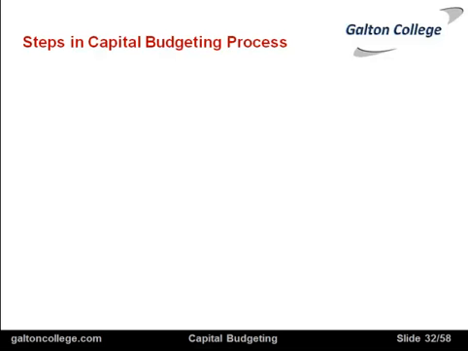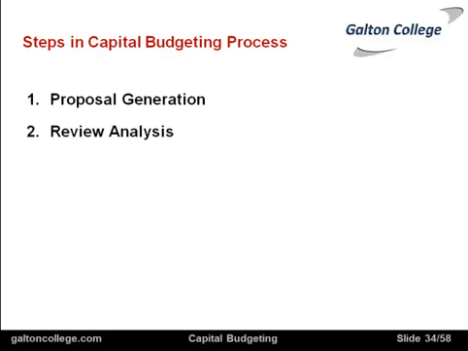Steps in the capital budgeting process. Well, first of all, you've got to propose what the investment will be. You've got to review and analyse the current situation to see if it's a good idea and see what is available. You've got to go through a decision-making process, bringing the analysis under scrutiny by management and by all the stakeholders who are involved in the business.